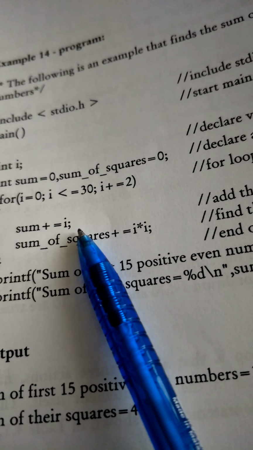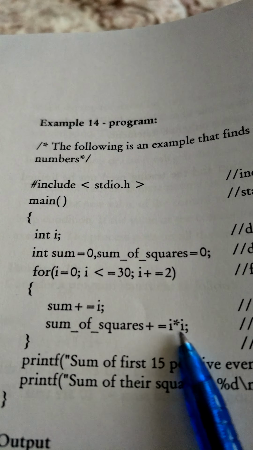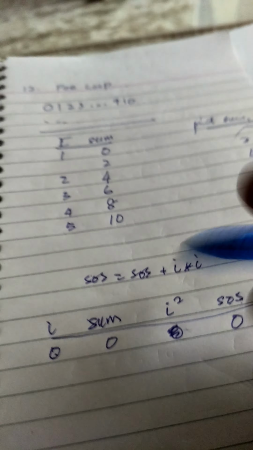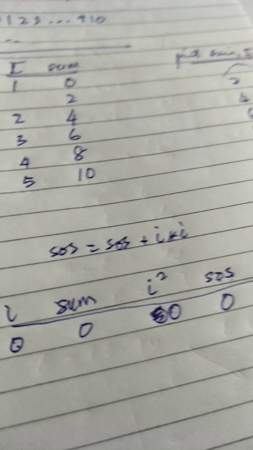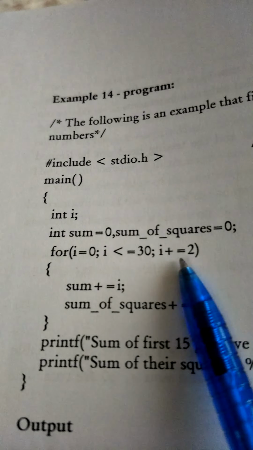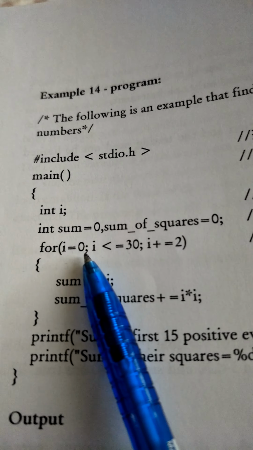And then you do the square of I, so you got 0. So for the first line, that's 0, 0, 0, and here you got I squared, you got 0. And then increase I by 2. In this case we increase I by 2, so 0 plus 2 is 2. Then 2 is less than 30.